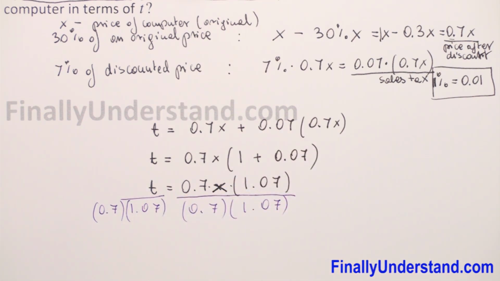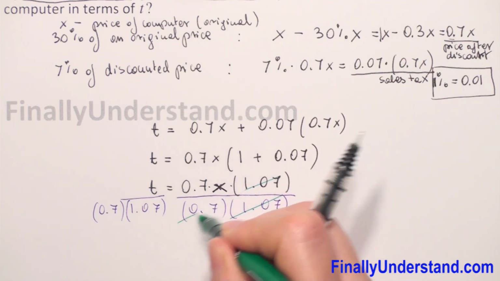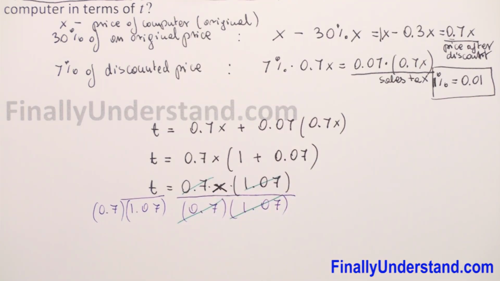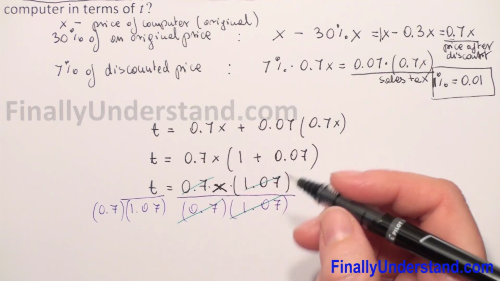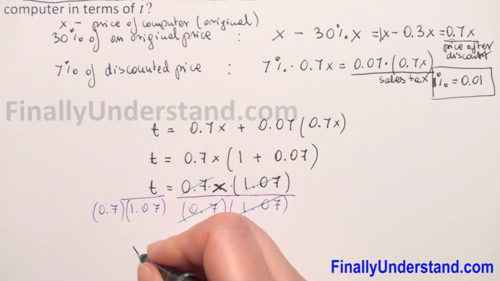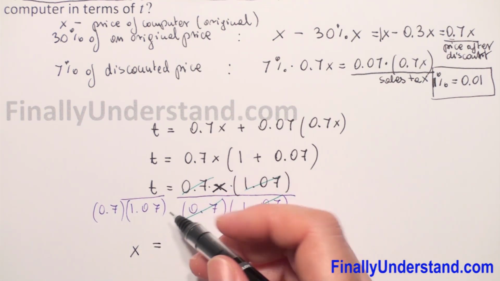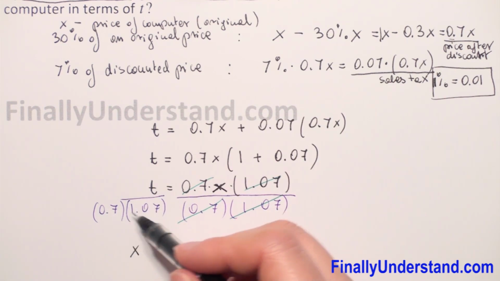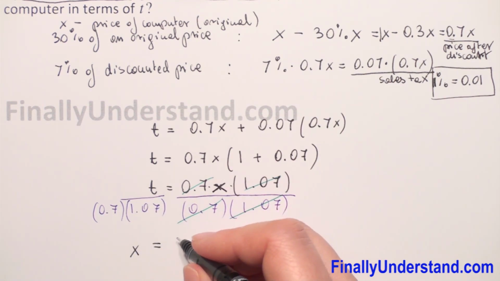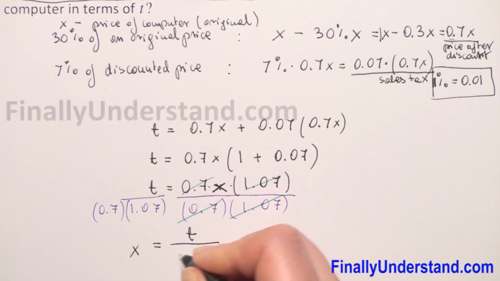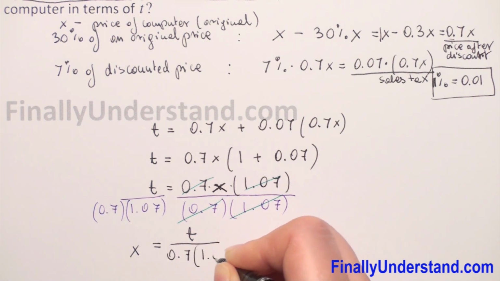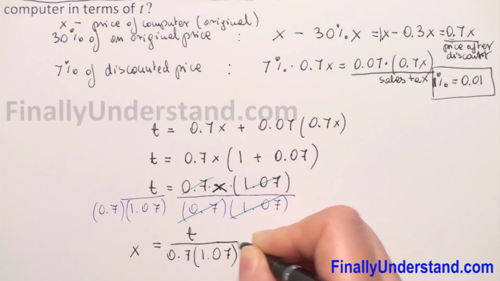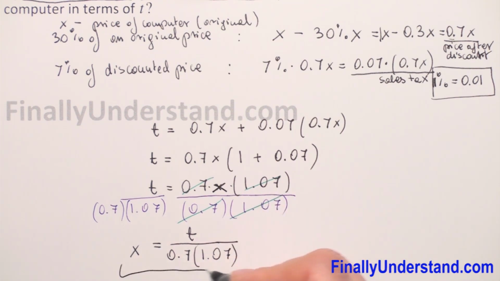So we can reduce, and on the right side we have only X. Now I will swap the sides. So we have X is equal to T over 0.7 times 1.07. And this is my solution. We found the original price of the computer.